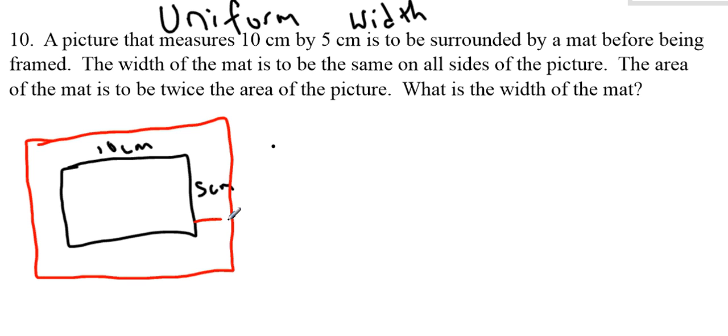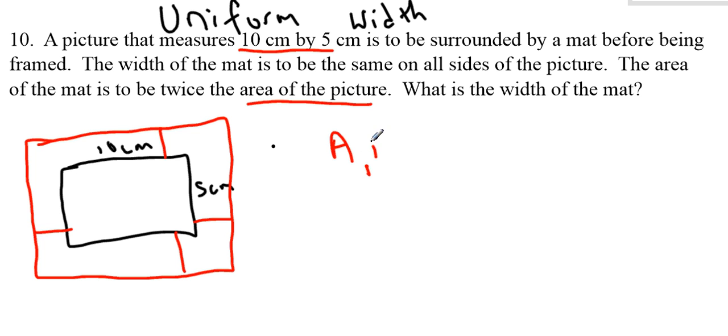And we're told that the width of the mat, so this measurement, no matter where I measure it, is supposed to be the same measurement. And then it also tells us that the area of the mat is supposed to be twice the area of the picture. So that's the only information I have about area. Oh, except I can tell you the area of the picture, can't I?